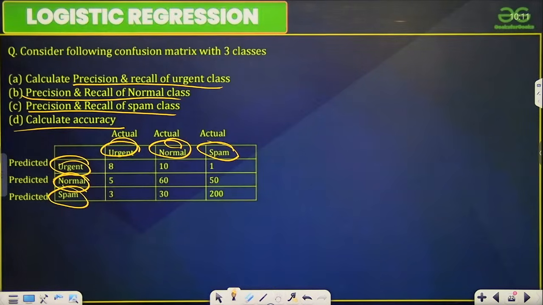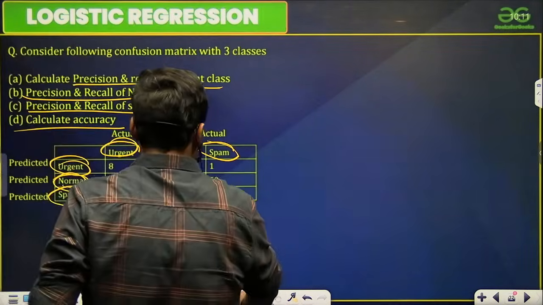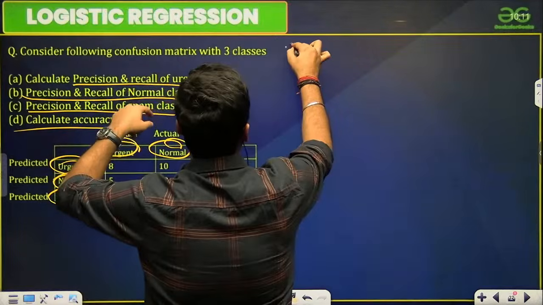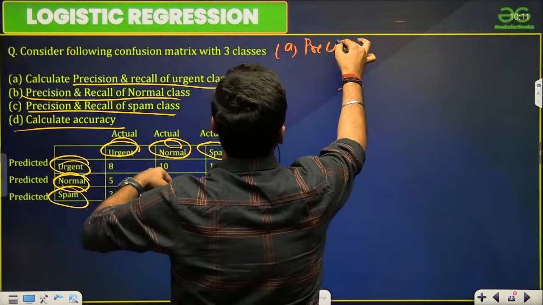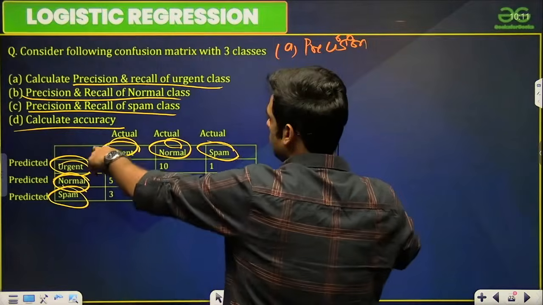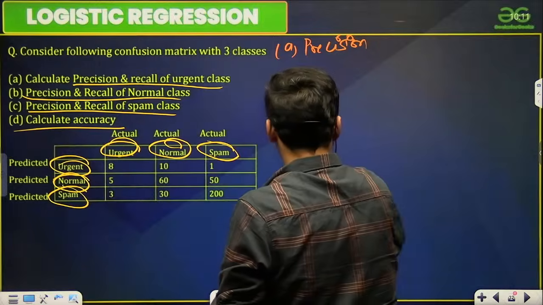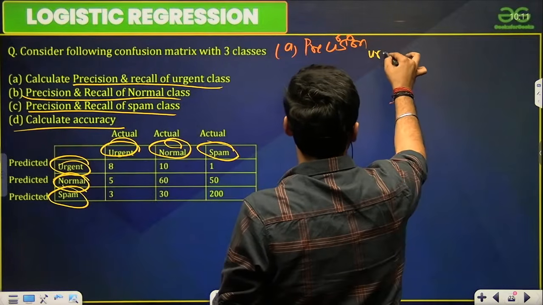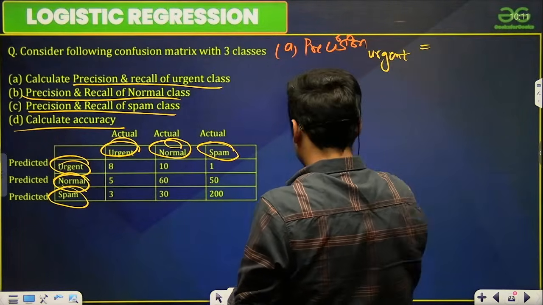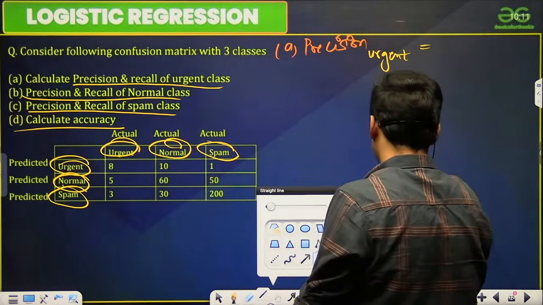Okay, now let's see how to do this. I want to calculate precision for class urgent. What is the definition of precision for class urgent?